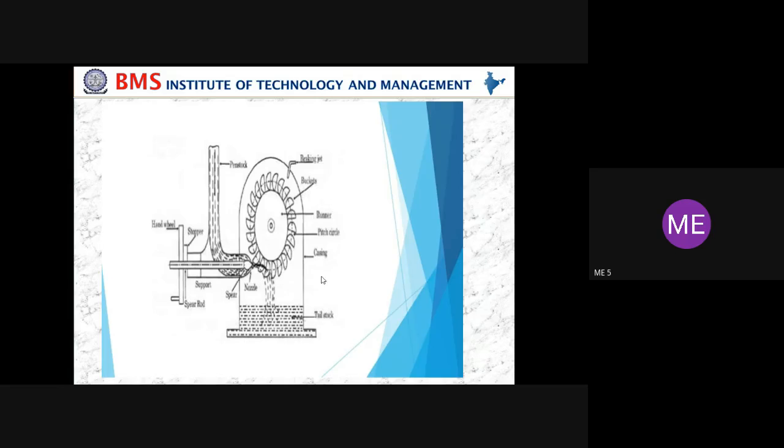And this is a sketch of your Pelton wheel. This is the casing. We have a runner, and on the periphery of the runner we have equally spaced double hemispherical cup-shaped buckets. What I talked about is the penstock. This is the spearhead with the nozzle arrangement, and this is the nozzle and wheel.